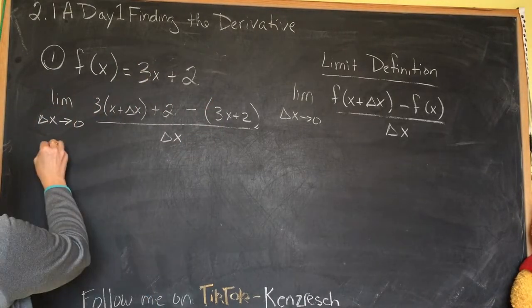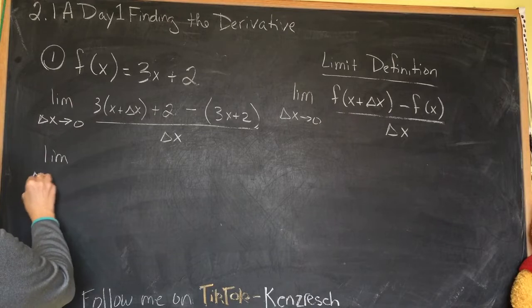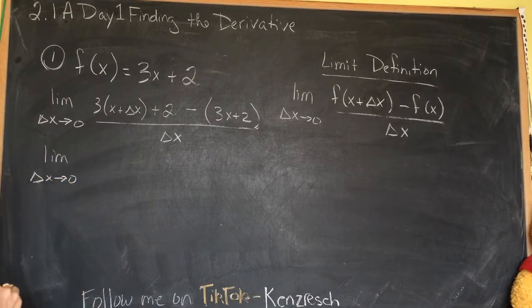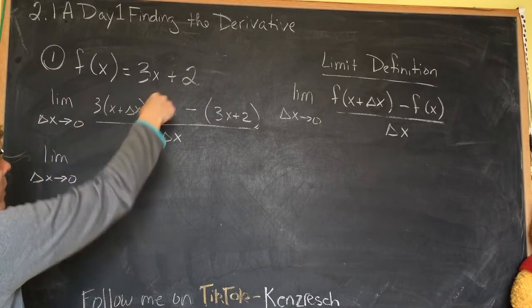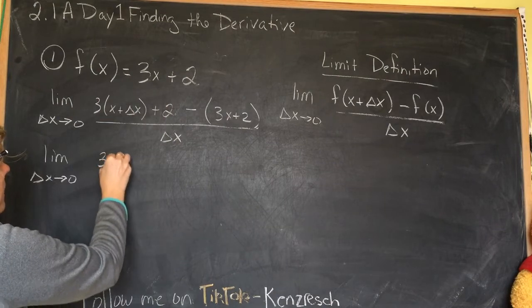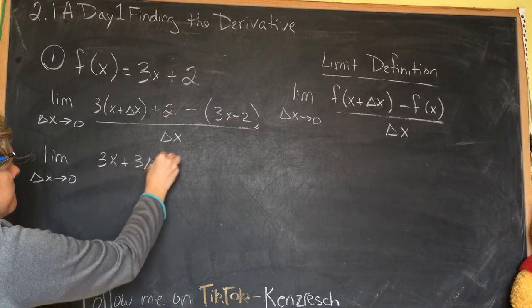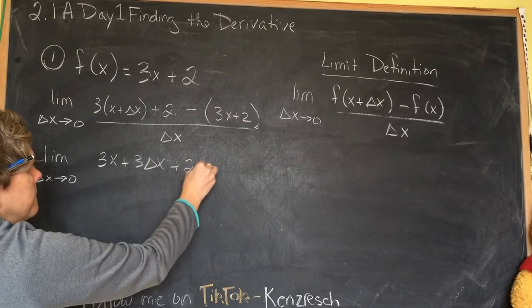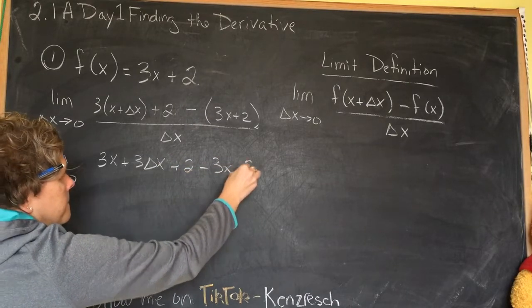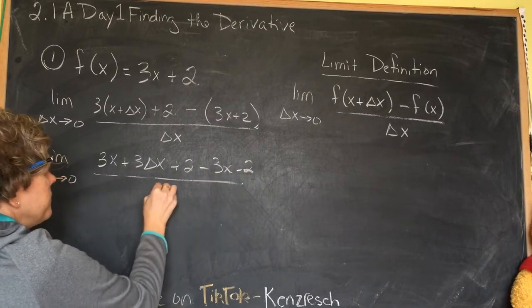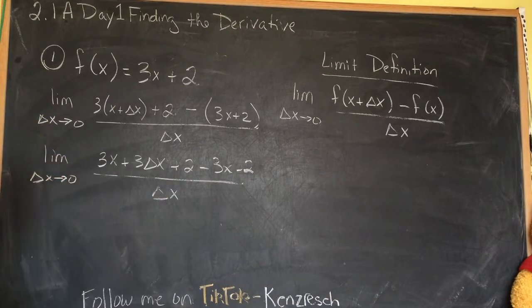Okay, so just like before, again, kind of irritating, but you have to do it. We got to write that limit down again. I'm going to distribute here. All right, we're going to apply the same exact rules as before with limits.